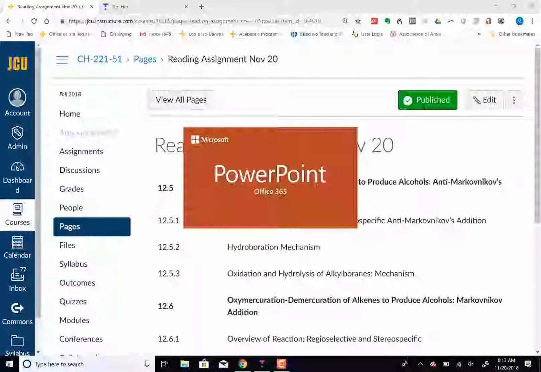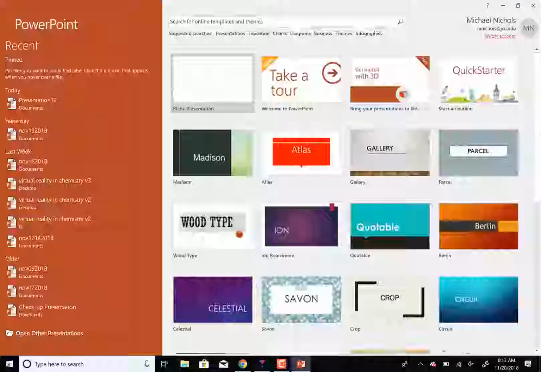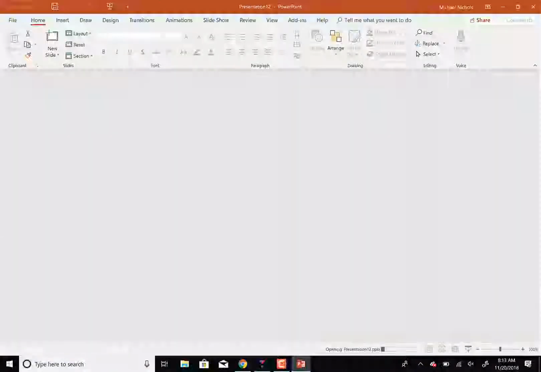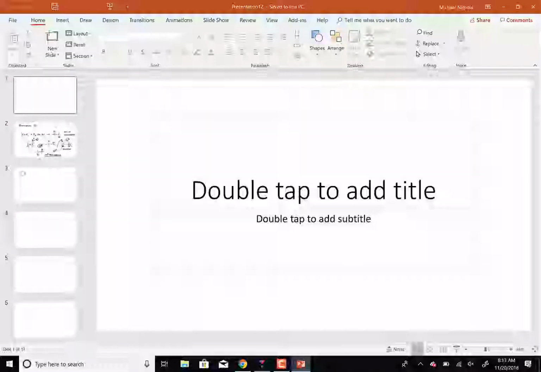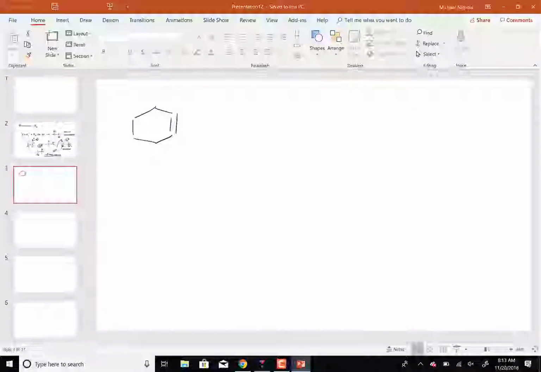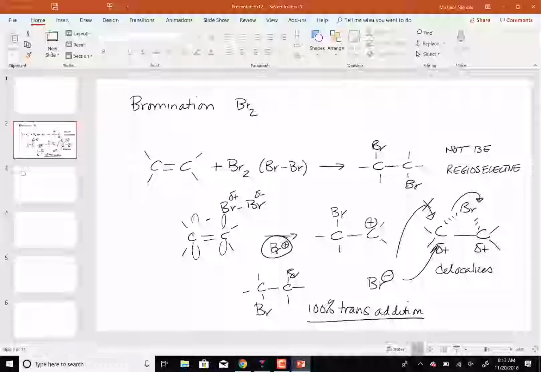I pushed a button I wasn't supposed to. Now I got it in this mode. But it should be in that mode. Okay. So I already got all that.